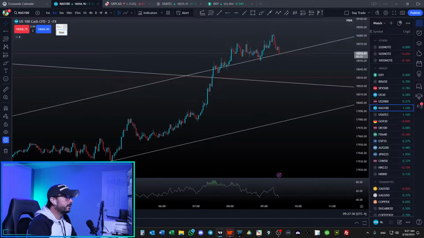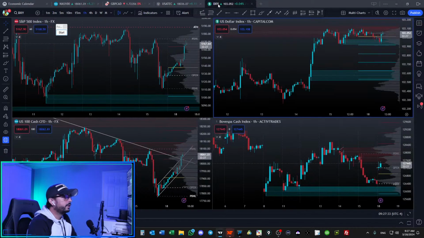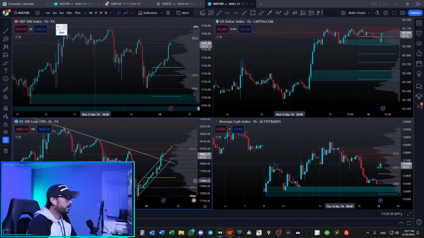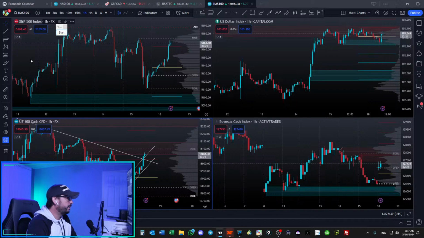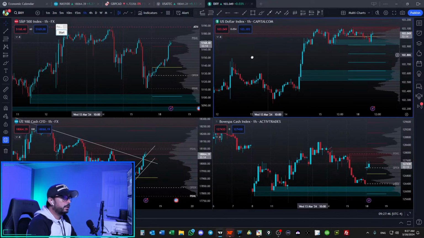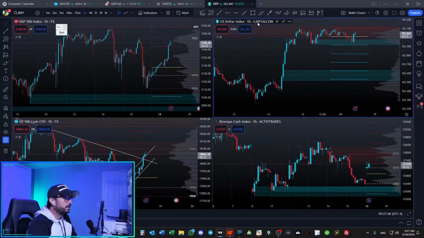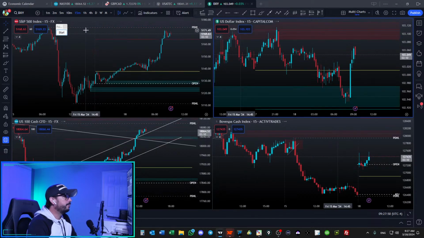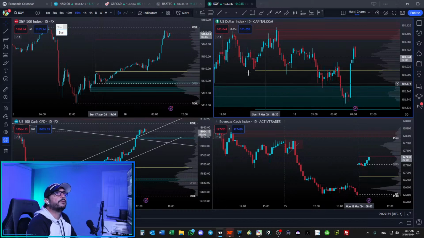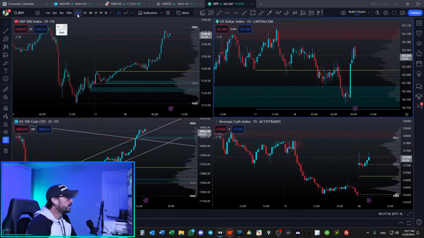On the top here, I have the higher time frame charts of the S&P 500, the Nasdaq, the mini index, and this is the dollar, the US dollar. I usually keep them all on the higher time frames: 1 hour, 15 minutes, sometimes 5 minutes, and then I'll trade on the 2 minute.